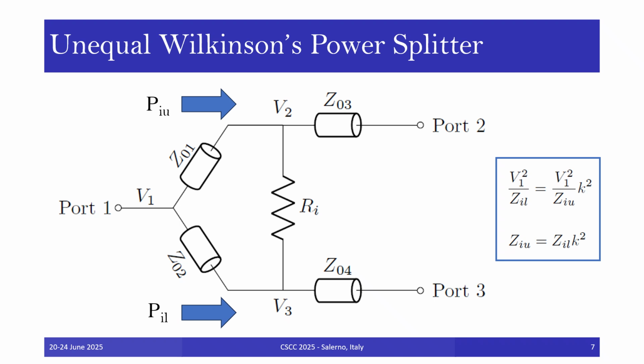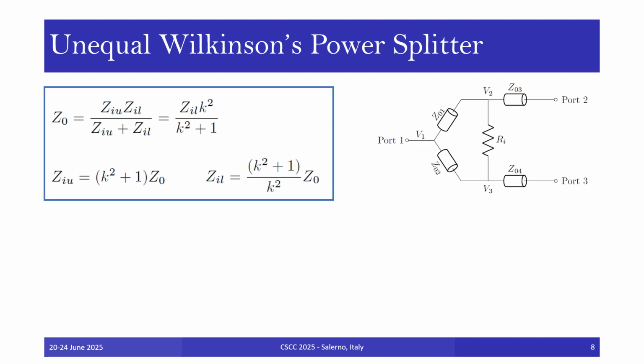The power in the lower path PIL is K squared times the power in the upper path PIU, where K is a fraction between 0 and 1. Thus, ZIU is K squared times ZIL, where ZIU is the input impedance seen from the upper path at port 1, and ZIL is the input impedance seen from the lower path at port 1.